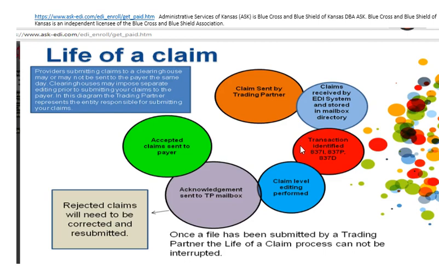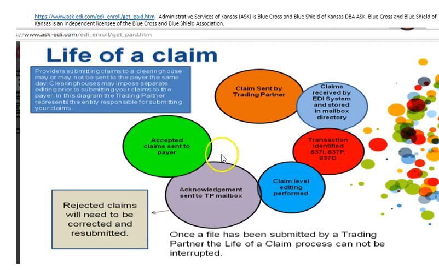At the clearinghouse, generally here, editing at the claim level is done. This is the claim level editing that we're going to be talking about in a moment. An acknowledgement is sent to the trading partner of receipt, and you'll note that on this section it says rejected claims need to be corrected and submitted.